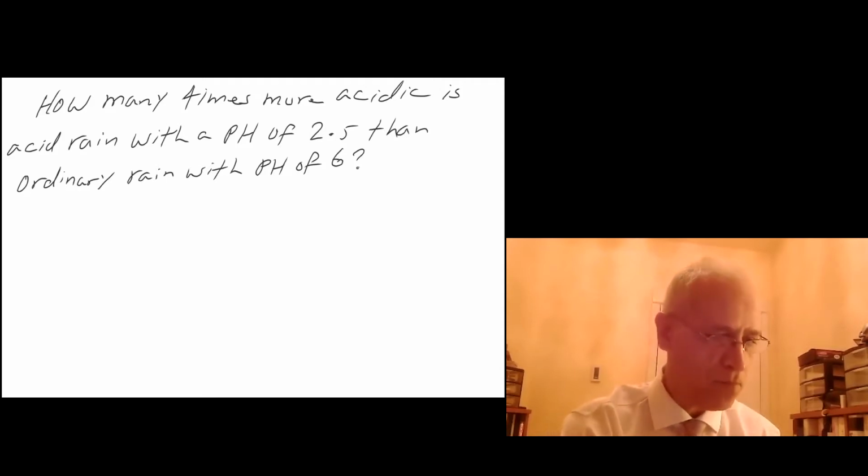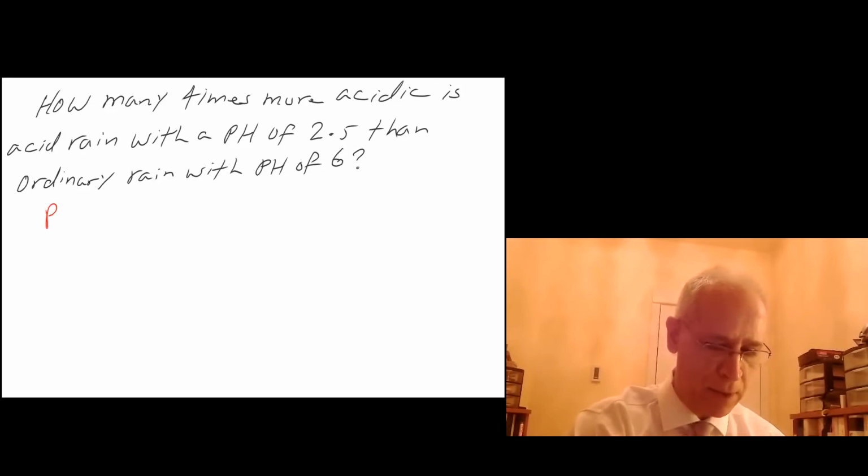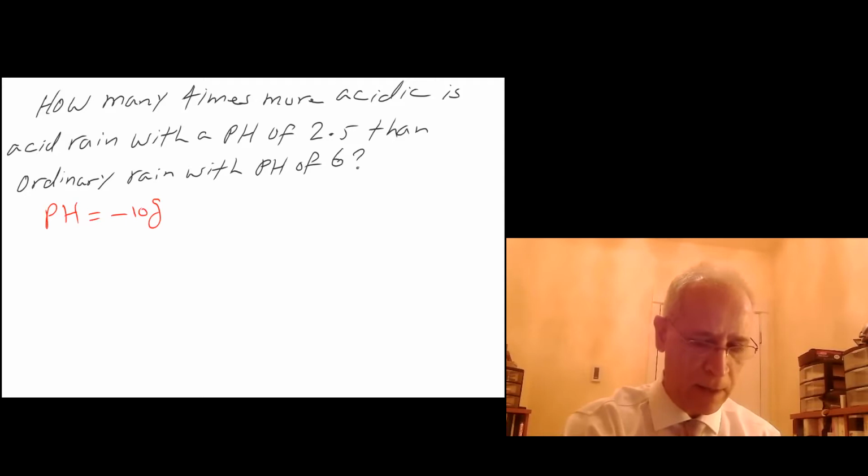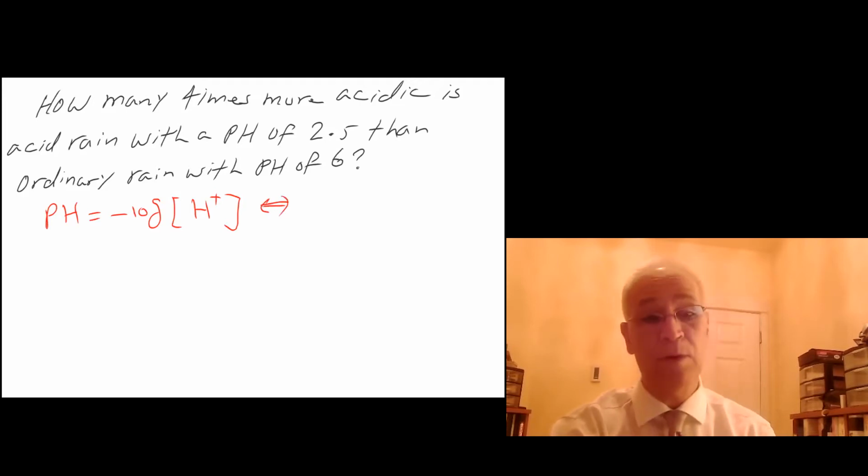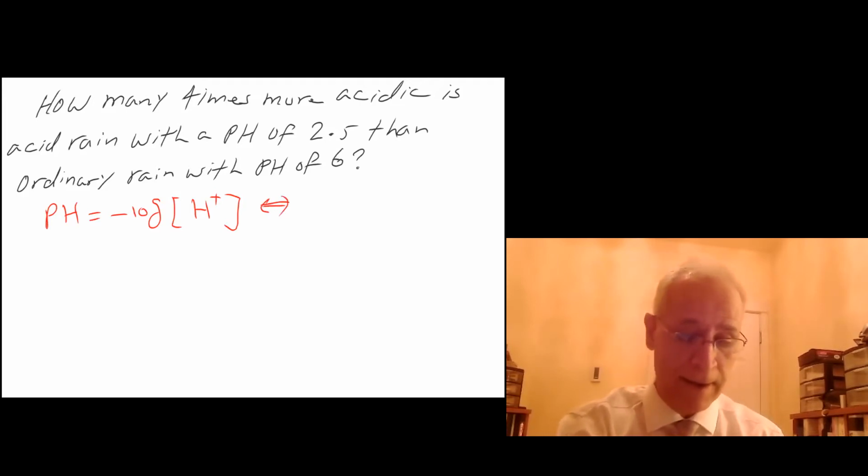So we know that pH equals minus log of H plus. And we solved for that in the previous problem: we multiplied both sides by negative 1.